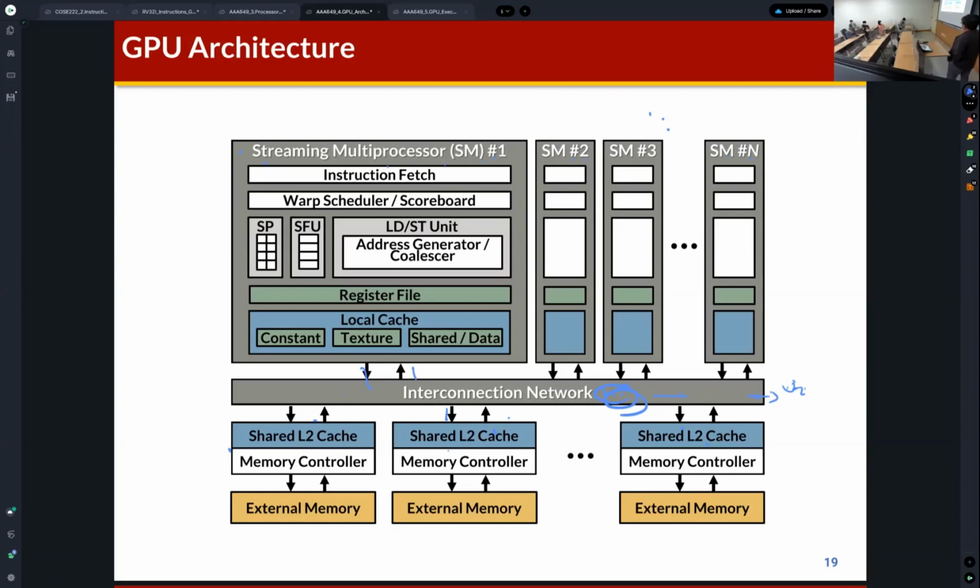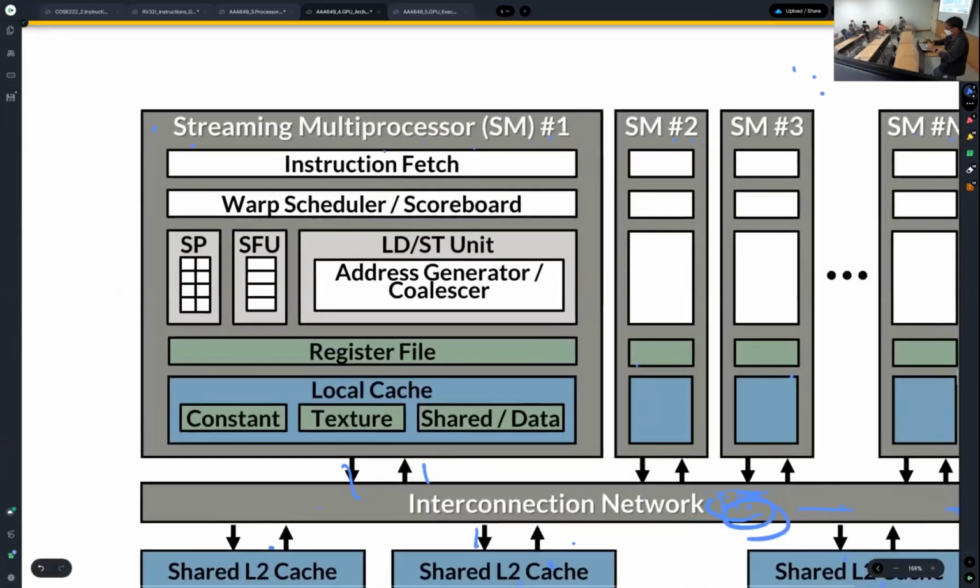We know that Intel uses the mesh type, but we don't know the exact type for the GPU. But multiple SMs and multiple L2 partitions are connected via the interconnection network. Then let's see the inside of the streaming multiprocessor.